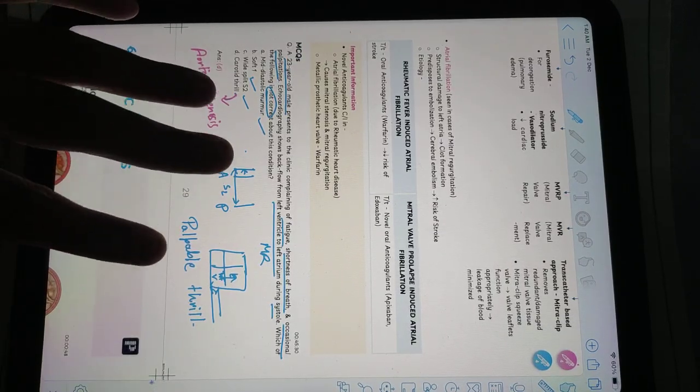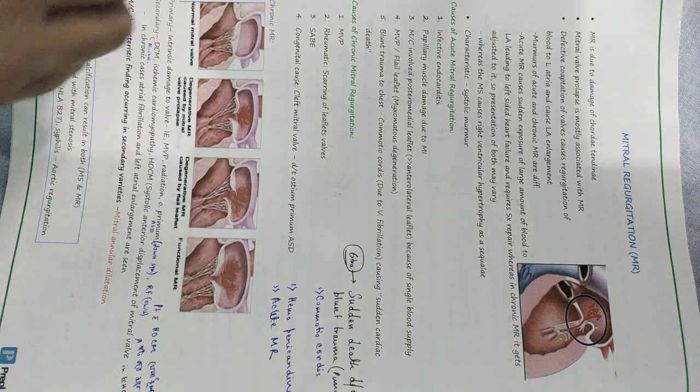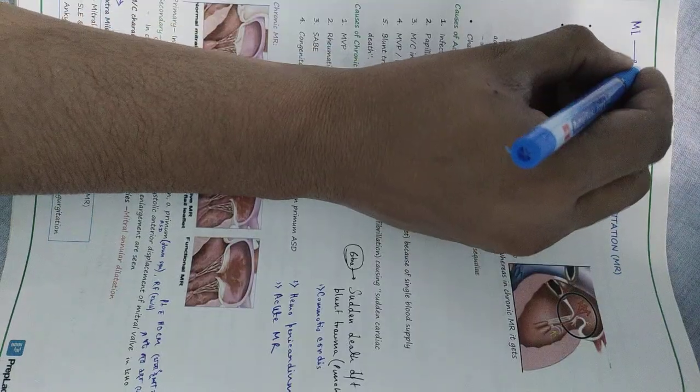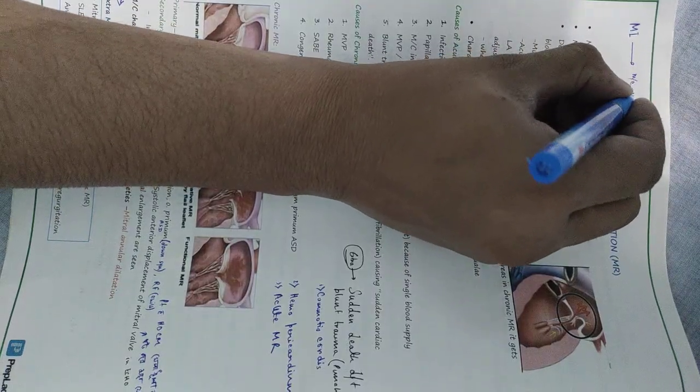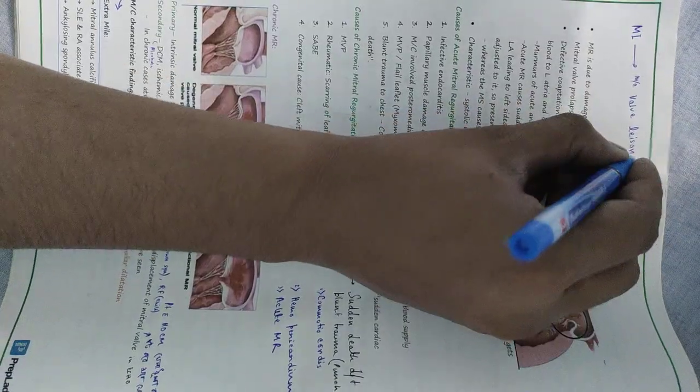Okay, let's talk about mitral regurgitation. The first point is, it is the most common valvular lesion after MI. So after MI, the most common valve lesion is mitral regurgitation.